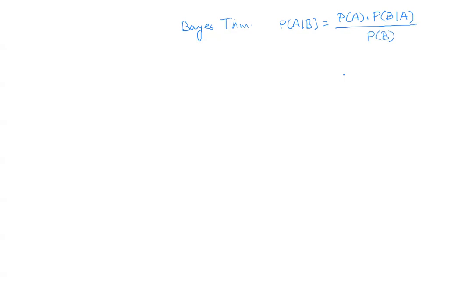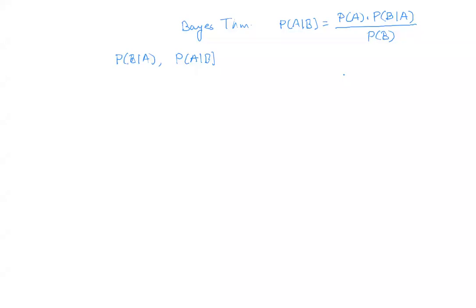It has a lot of applications where certain conditions are known. Something is given, you want to find out something. There are situations where you know probability of B given A, but you want to find out the probability of A given B. So, for instance, you want to find out the probability that somebody has a disease given that the person tested positive for that particular disease.